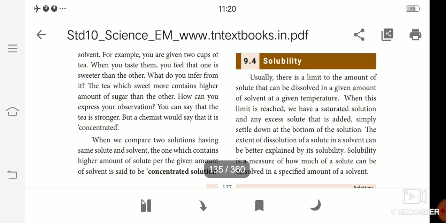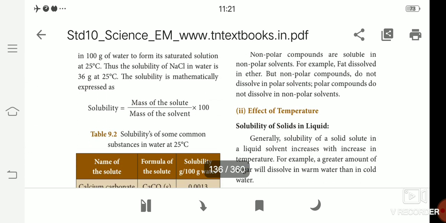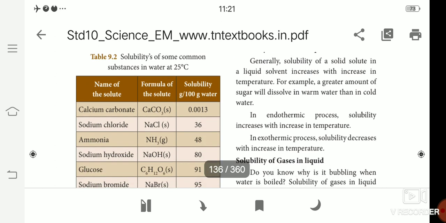Now the mathematical expression: how to calculate solubility? It is the ratio of the mass of solute to the mass of solvent. Solubility is equal to the mass of the solute divided by the mass of the solvent, multiplied by 100. This is the formula of solubility. In Table 9.2 we have the name of the solute, its formula and its solubility value. Calcium carbonate, CaCO3, has a solubility of 0.0013.